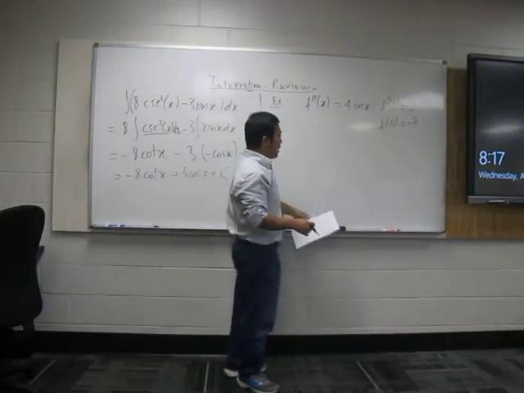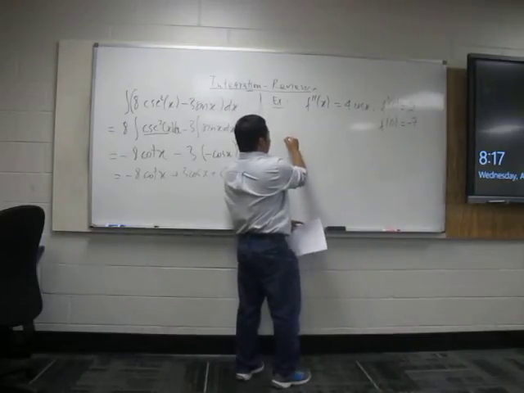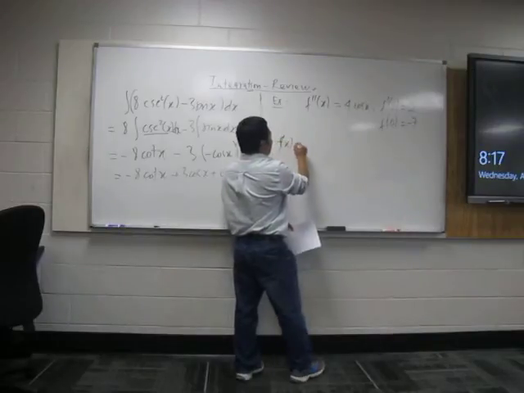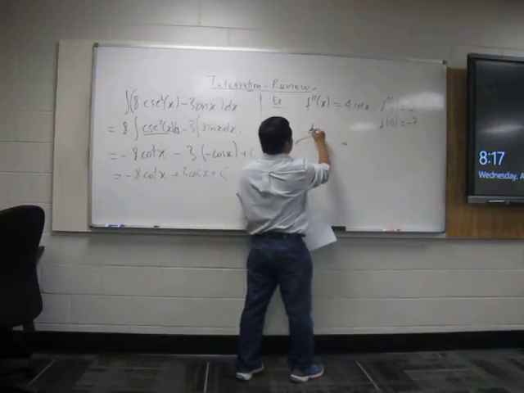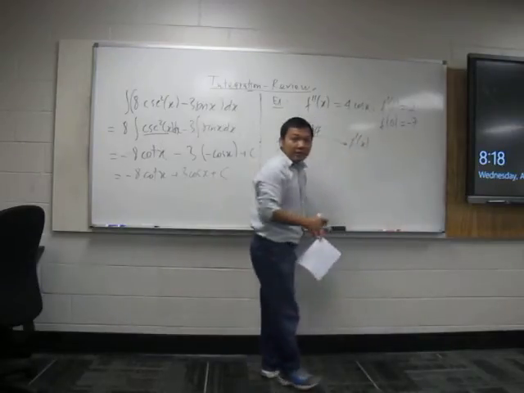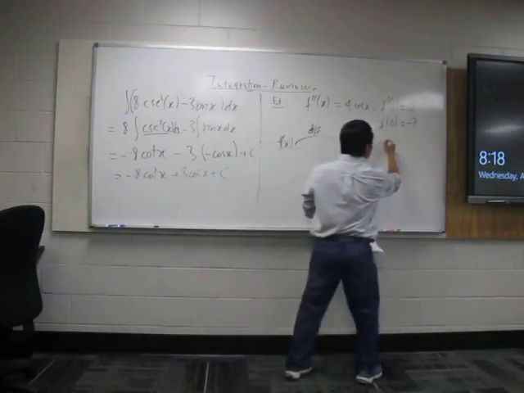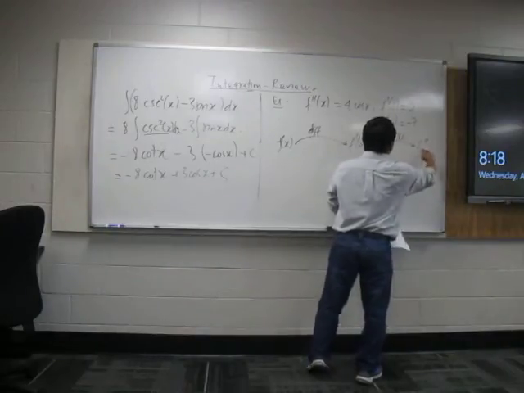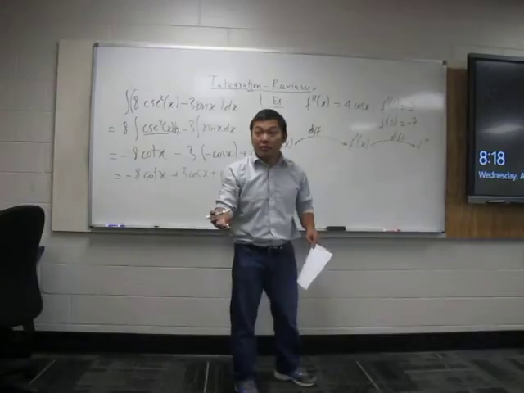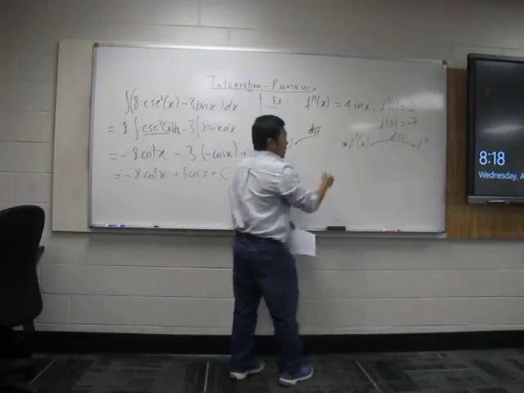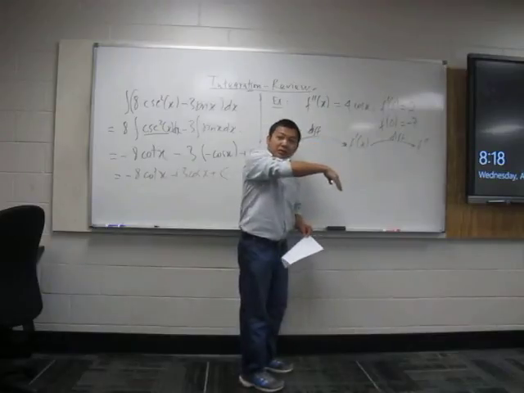Let me remind you about this. If you have some function f of x, you differentiate, you get f first derivative. You differentiate one more time, you get f second derivative. Or you can do that as many times as you want. And what is integration? Integration is the opposite process.